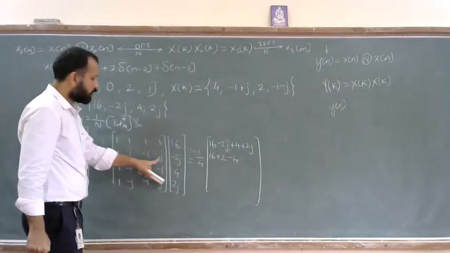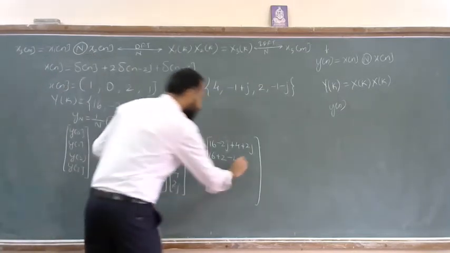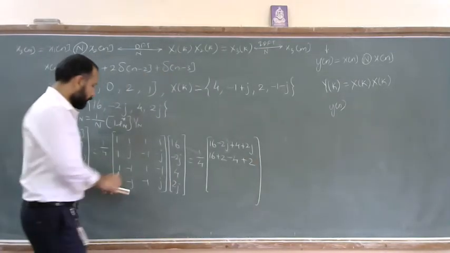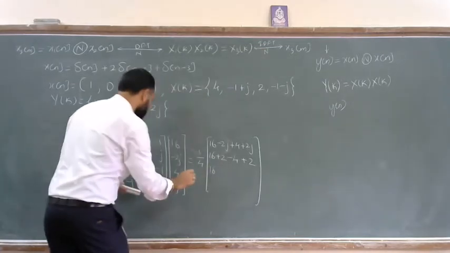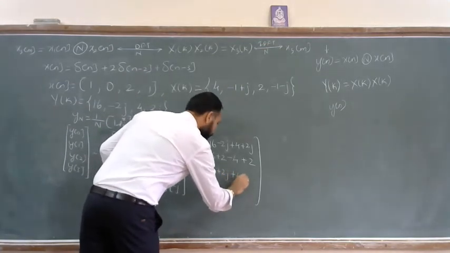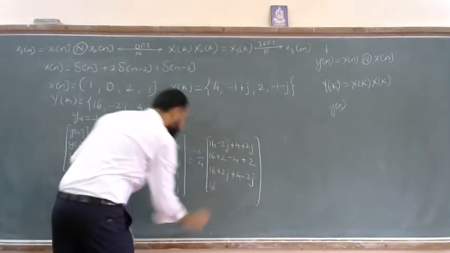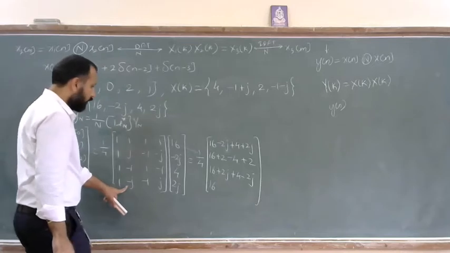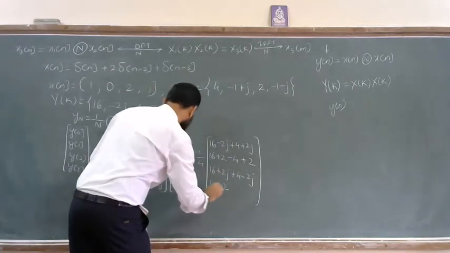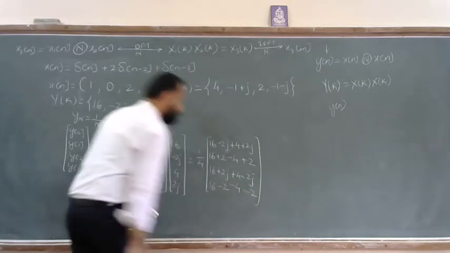Then j into j is minus 1, so that becomes plus 2. Next, 16 plus 2j plus 4 minus 2j, and lastly 16, then j into j gives minus 2, minus 4, and minus 2.